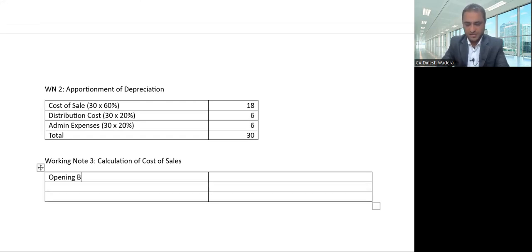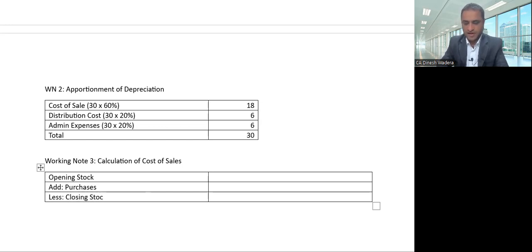It is opening stock, add purchases, subtract, or you can mention less, closing stock.